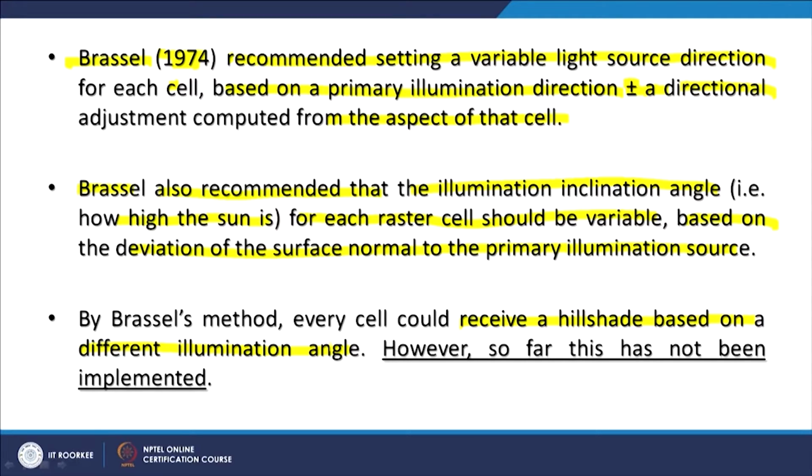But here things are changing: not only one single direction but multiple directions, and another thing, the height of the illumination source, in terms of elevation angle, we are also changing for each cell as per their inclination or the surface normal they create. However, so far this has not been implemented in various software, though there are some examples. Indirectly you can definitely do it, but direct menus you may not find in any standard software. Of course, indirectly one can do it without much problem.